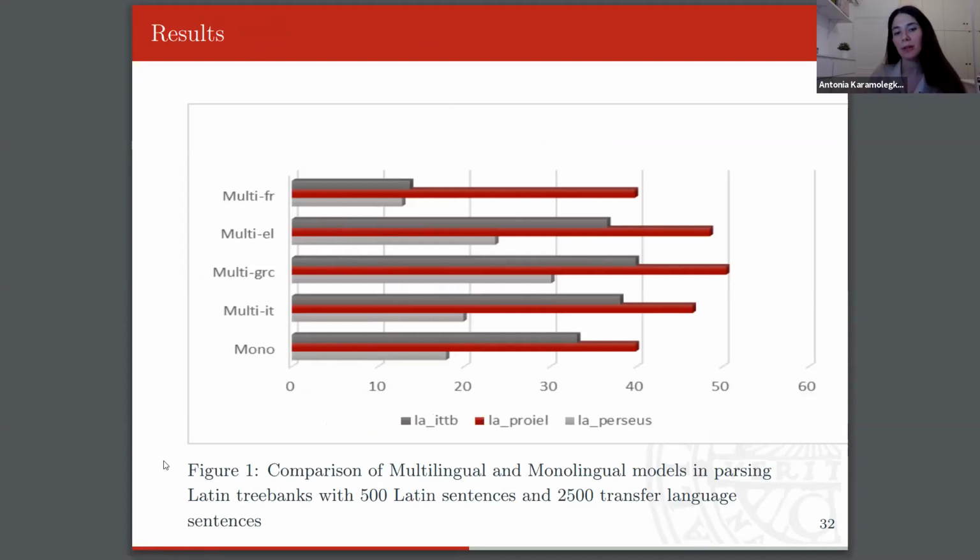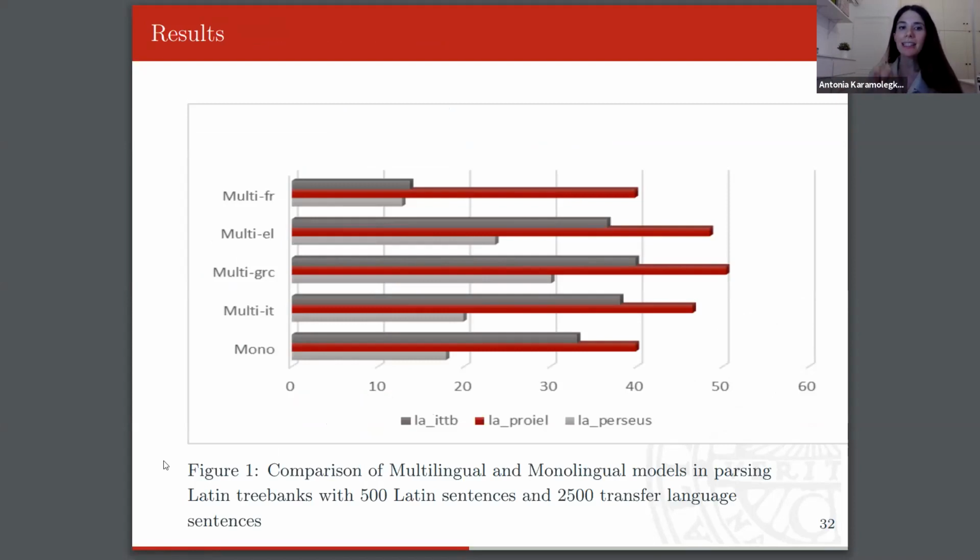And we can see the superiority of multilingual models as well as the superiority of the ProEL dataset, which seems to provide the optimal results overall compared to the Perseus Ancient Greek treebank.